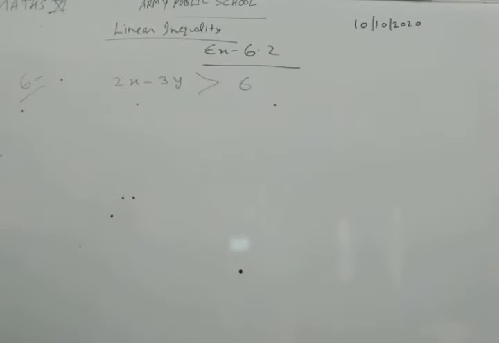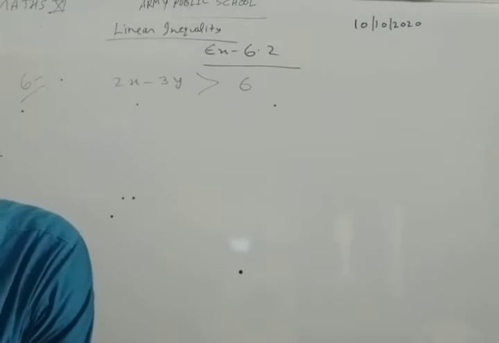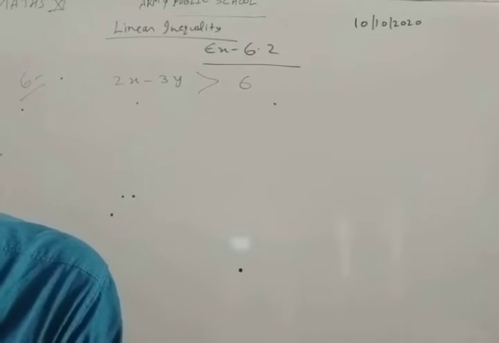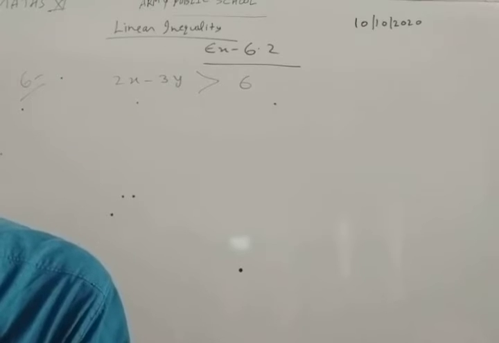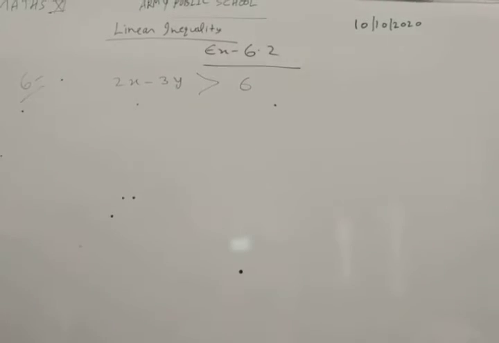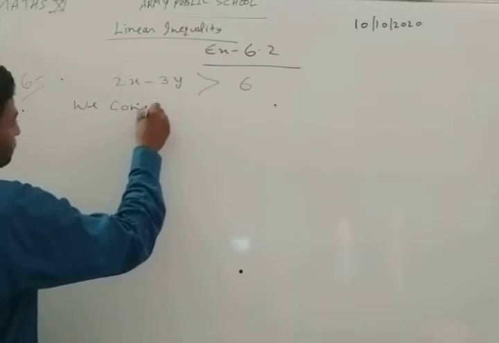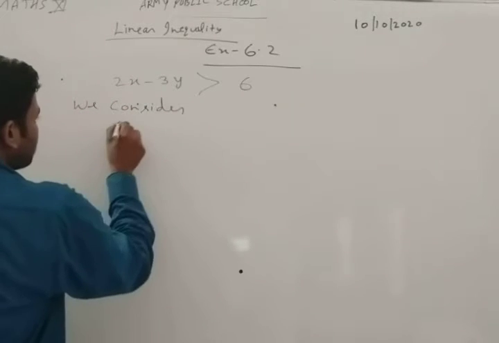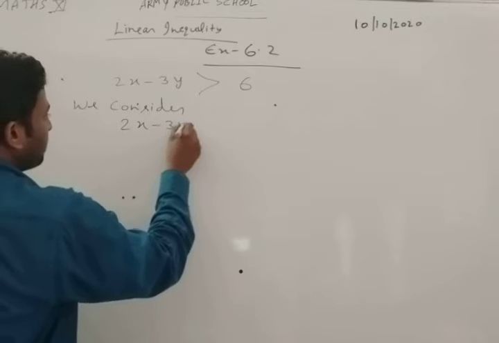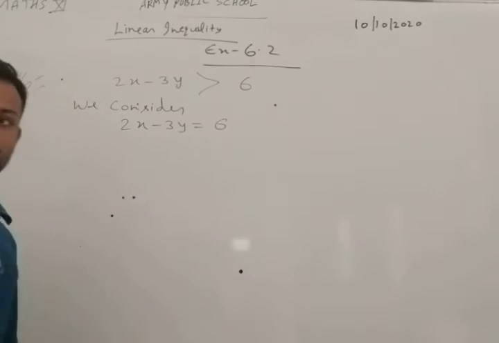Now what will we do? We will first convert this inequality into the equality. Now we consider 2x minus 3y is equal to 6.